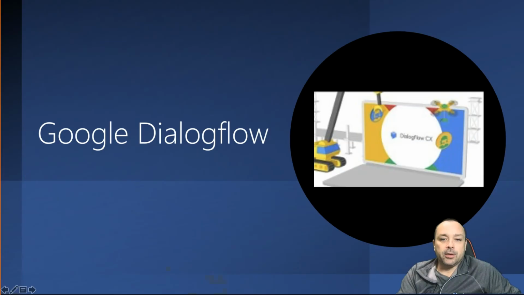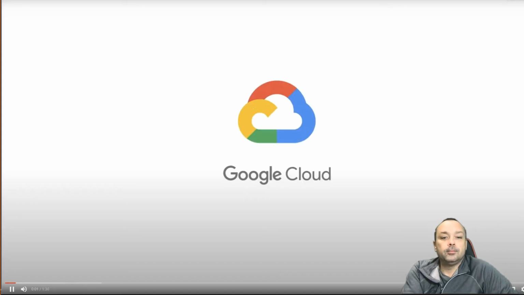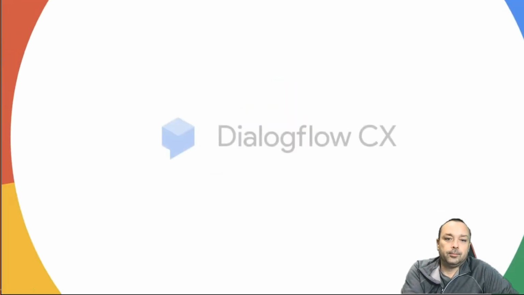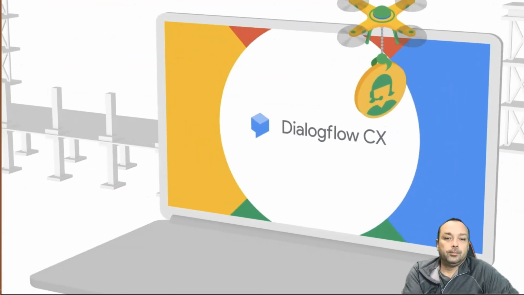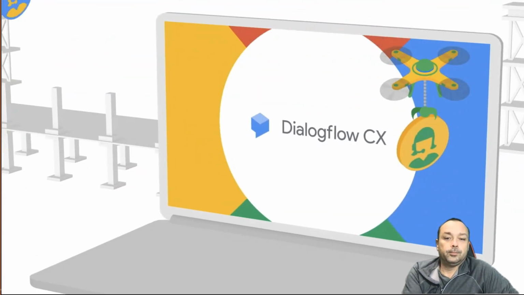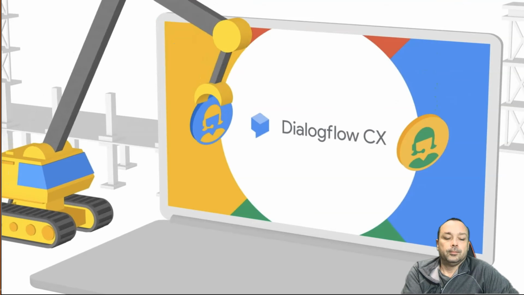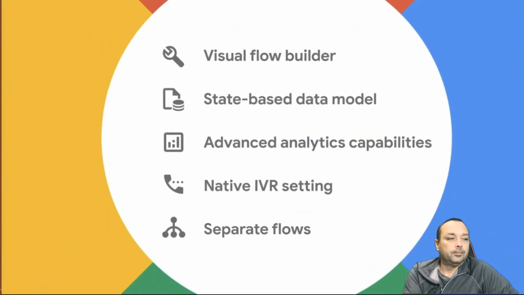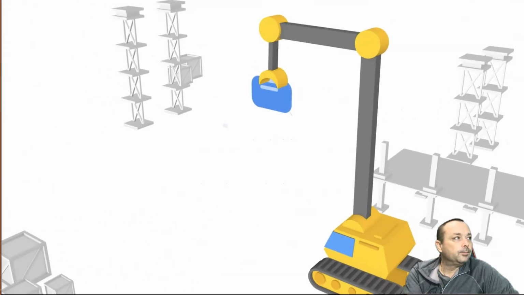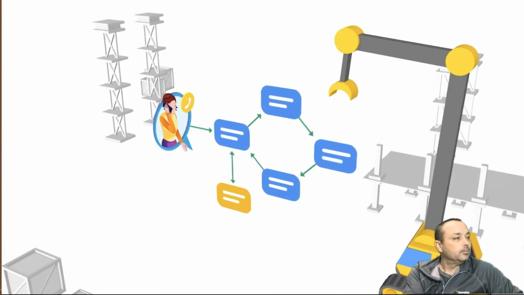So here's the developer side of things. Creating conversational experiences across devices and platforms just got easier. Google Cloud introduces Dialogflow Customer Experience, a powerful new tool for creating advanced virtual agents. Dialogflow CX offers new functionality specifically designed for large-scale implementations. Interactive flow visualizations allow conversation builders to quickly see, understand, and edit their work.